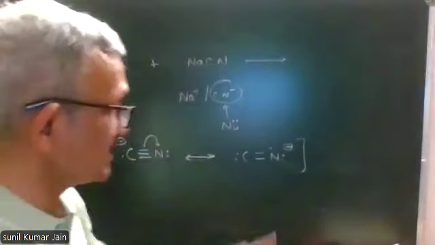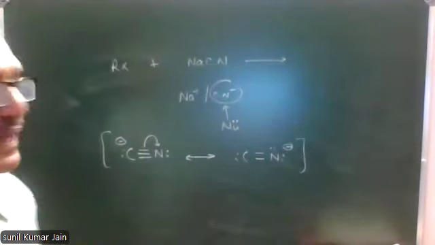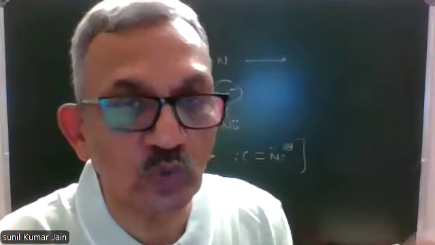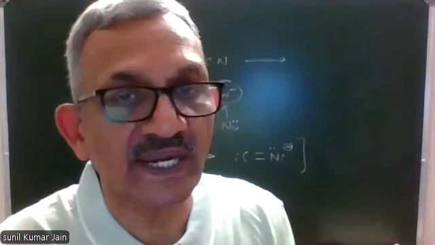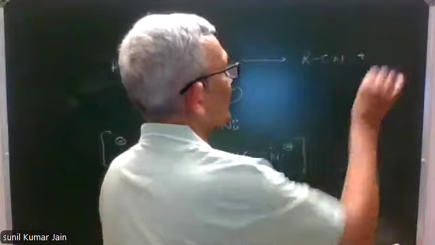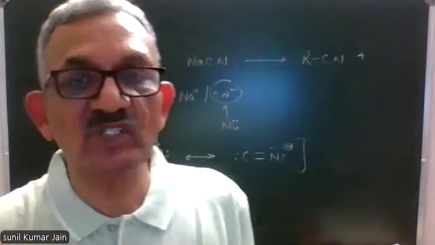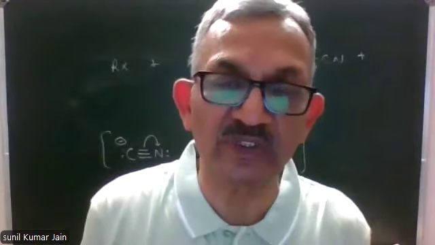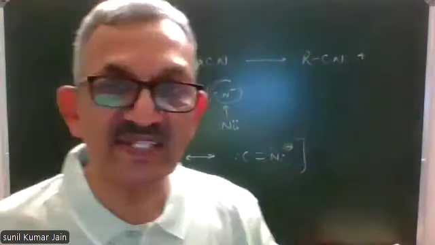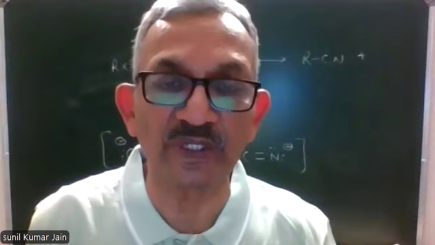Both carry negative charge as well. Now, in this case, attack will take place through carbon but not nitrogen. Product will be RCN. But why will the attack take place through carbon? Why not through nitrogen? The reason is carbon is less electronegative than nitrogen.